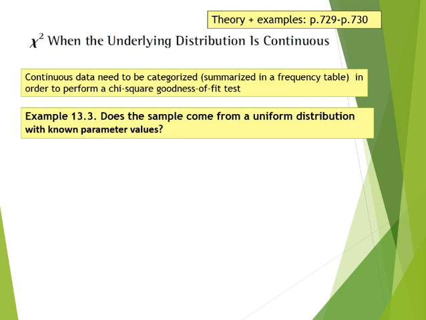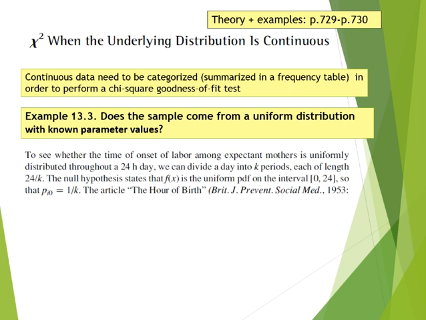So example 13.3 asks the question, does the sample come from a uniform distribution with known parameter values? This is about the time of onset of labor amongst expectant mothers. And they say that the time of onset of labor is uniformly distributed through the 24-hour day.